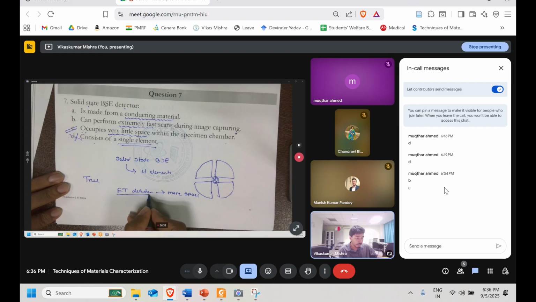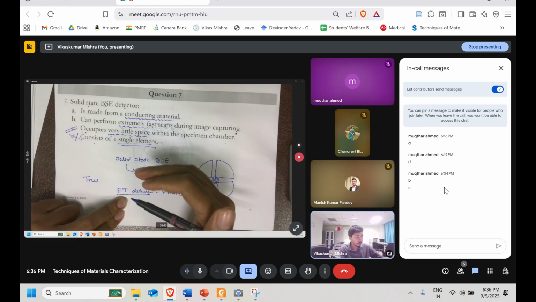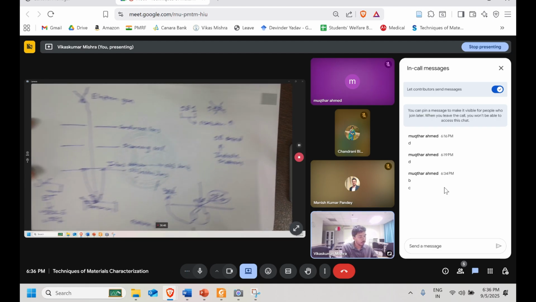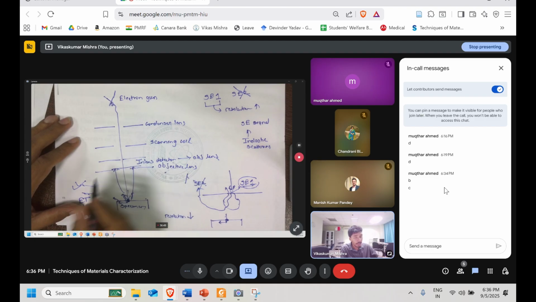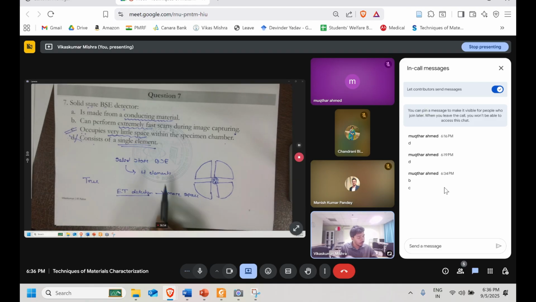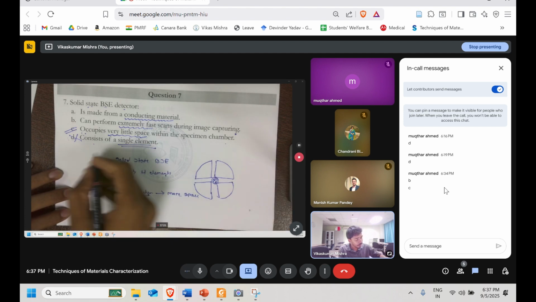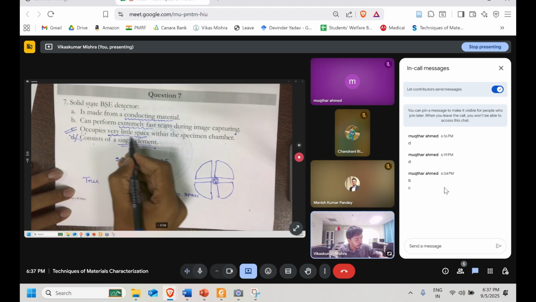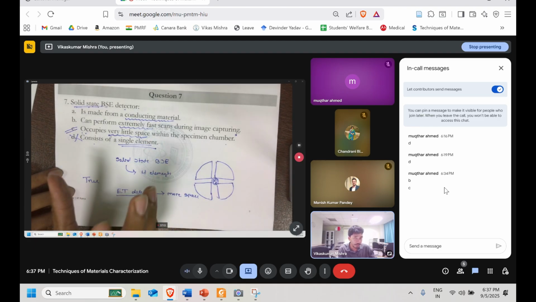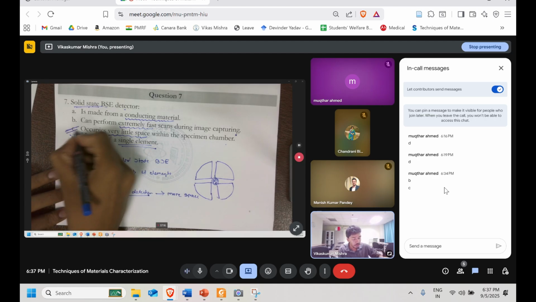This ET detector was placed just above the specimen, somewhere over here, and we were able to capture the BSE signals which were generated. But due to its bulkiness, it was very difficult. So what people did was replace it with the very light solid state BSE detector, which takes up very little space. So the right answer is option C.